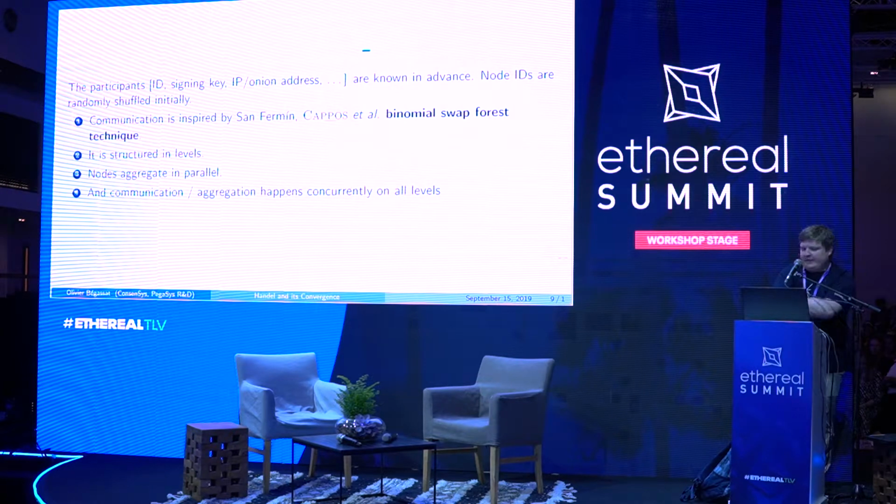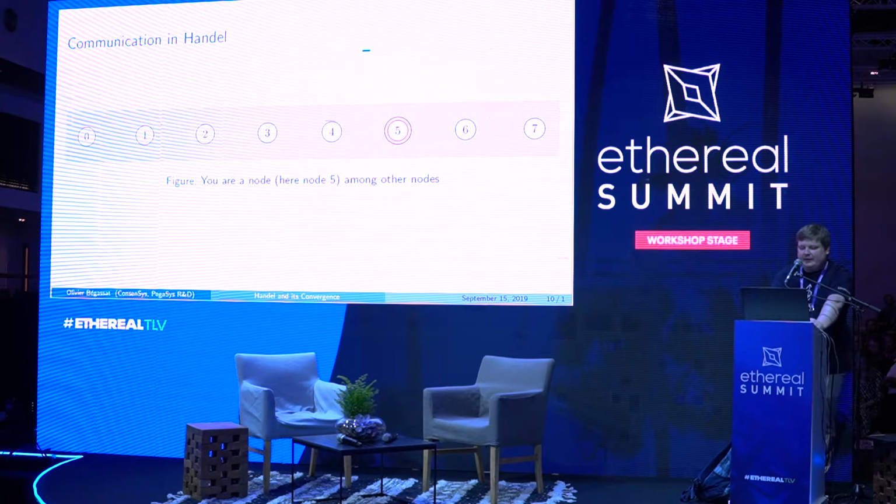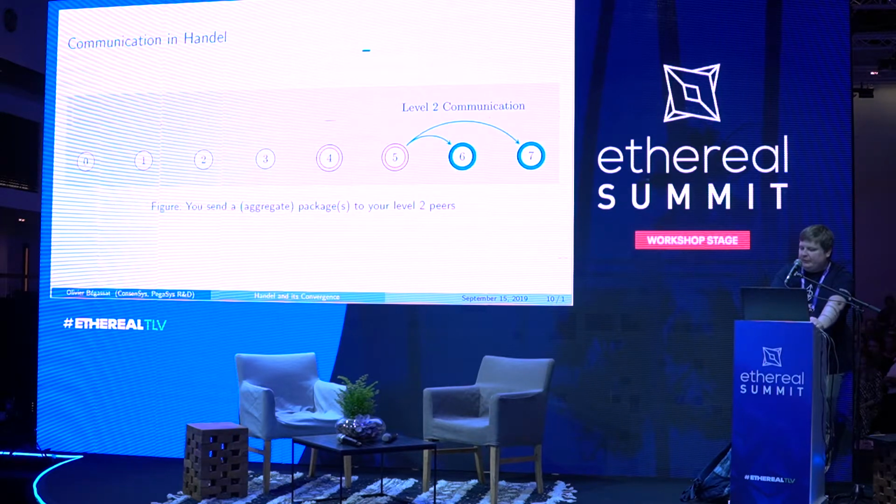So to try to make this a little more concrete, let me describe to you the way communication works. So imagine you have 8 nodes and you're node 5. In the first level of communication, you will be talking to, as it were, your immediate neighbor. And in the second level of communication, you'll be talking to the 2 next, or neighbors once removed, basically.